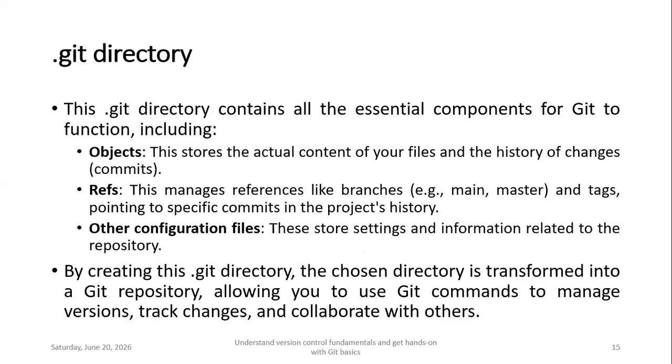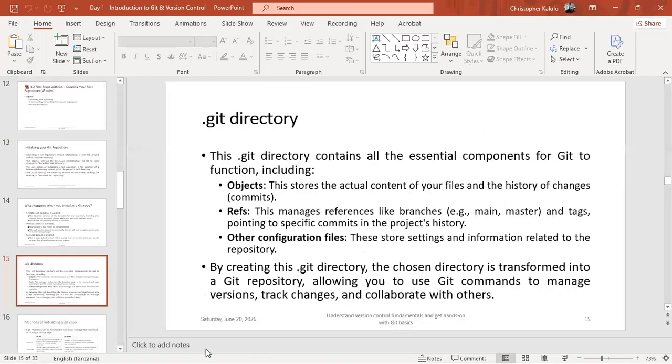So we can now check a few things. As you saw, we opened that .git directory and saw objects, refs, and other configuration files. If you didn't see, let me show you.